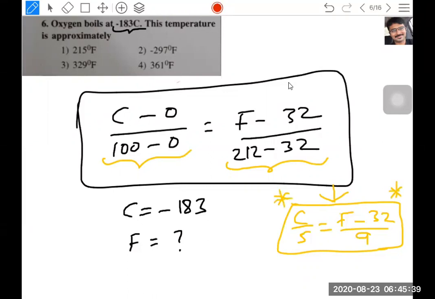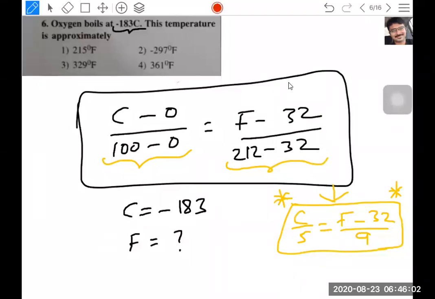It is not required. Directly you can write this second one: C by 5 is equal to (F minus 32) by 9. Given the C value, happily you can find the Fahrenheit value and get the answer. It's so simple to solve the problem.